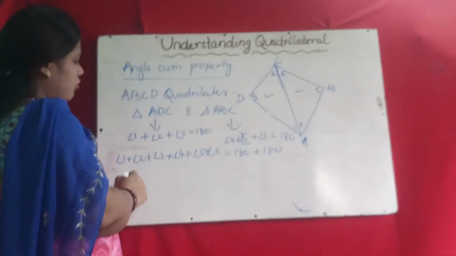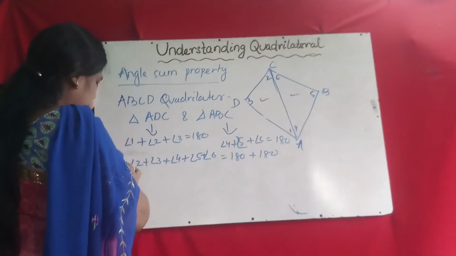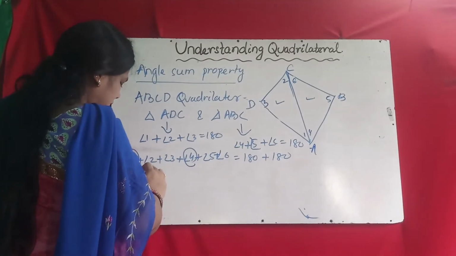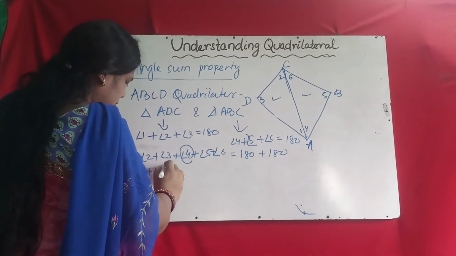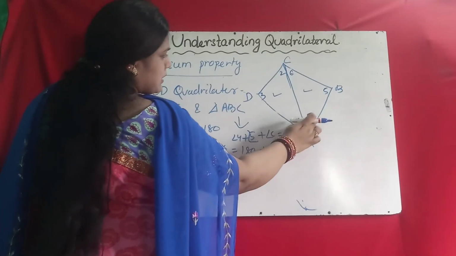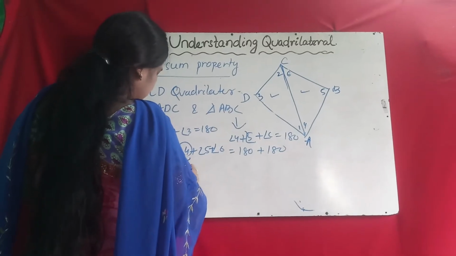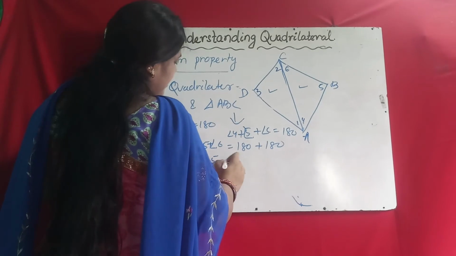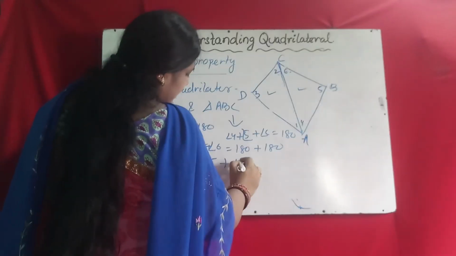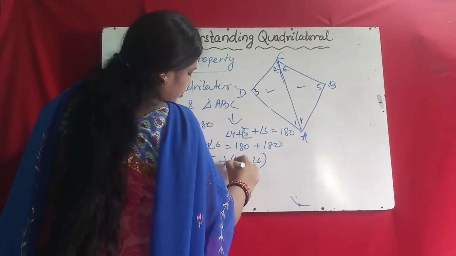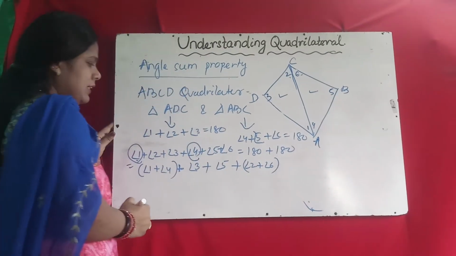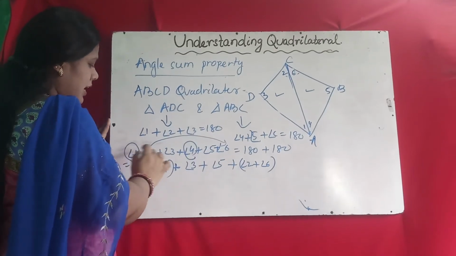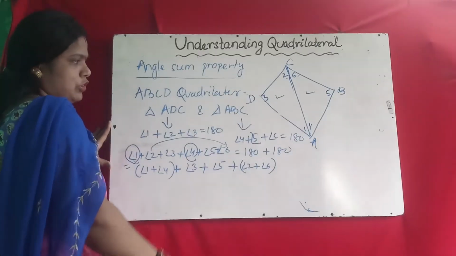So I bring angle 1 plus angle 4 together, then angle 3, angle 5, and angle 2 plus angle 6. Understood?